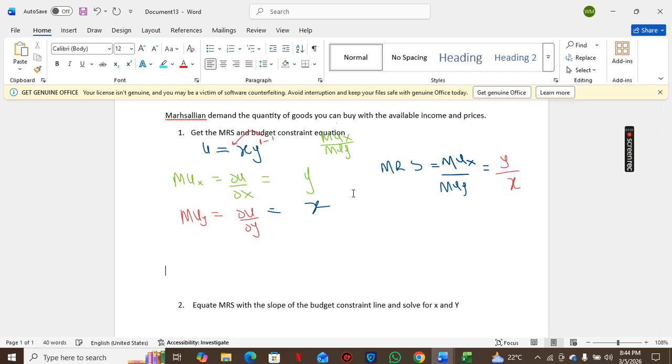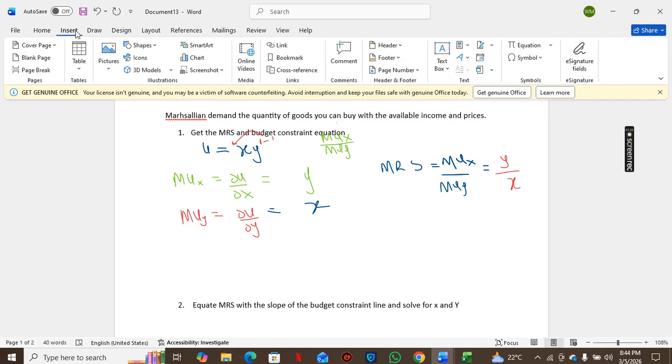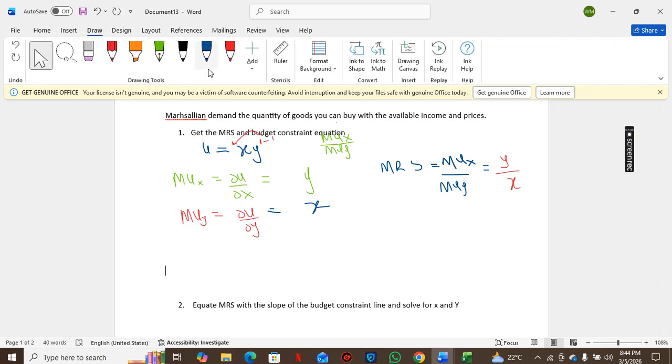So the budget constraint equation, BC, is the income, which equals the price of good X, PX, and the quantity of good X. This big X here is the quantity of good X, colleagues, plus the price of good Y multiplied by the quantity of Y. This is our budget constraint equation.